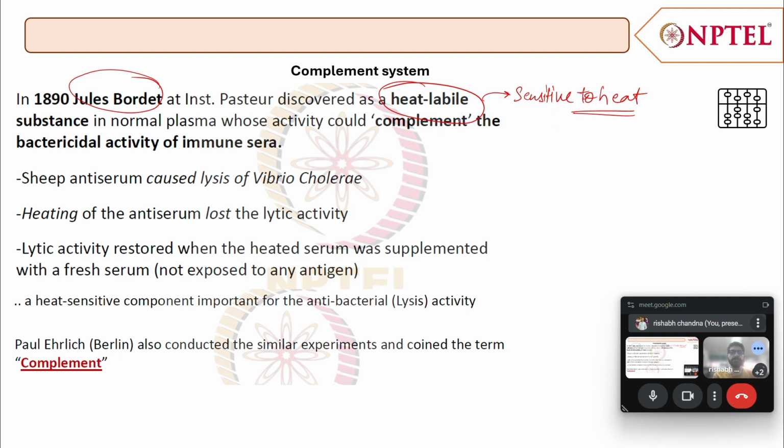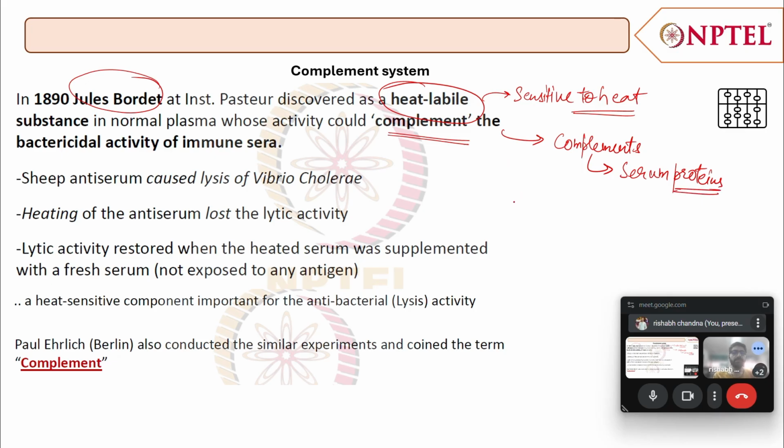He described a substance whose activity in normal plasma could complement the bactericidal activity of the immune sera. That means there is something that complements the activity of the serum proteins. This statement was given by Sir Jules Bordet.